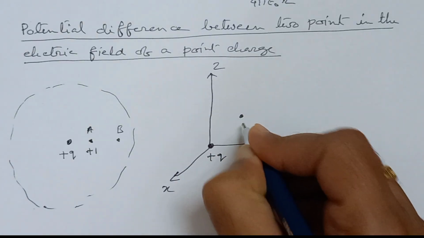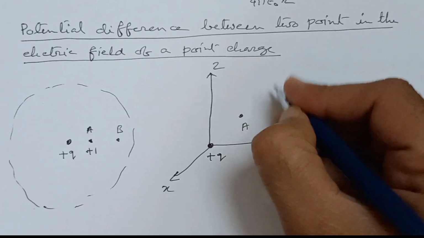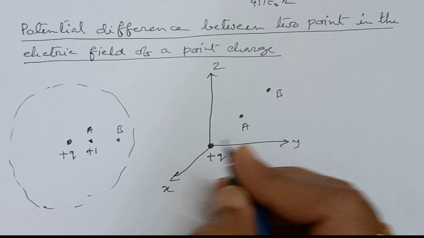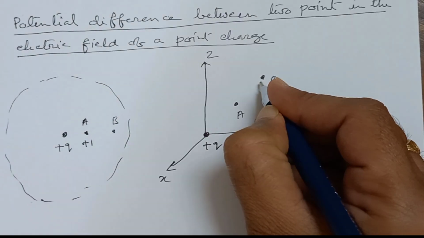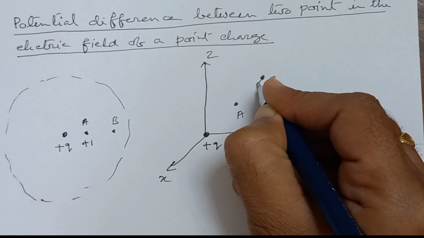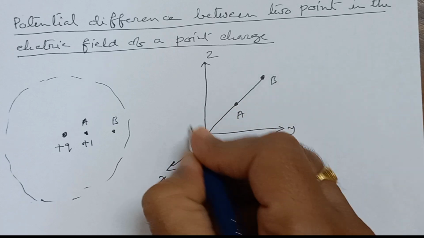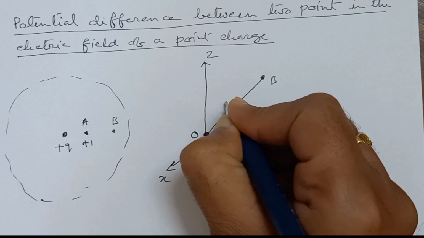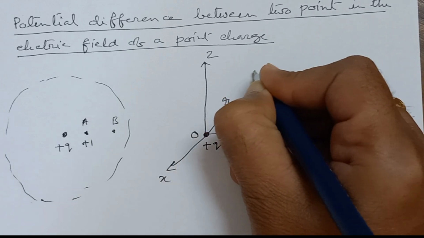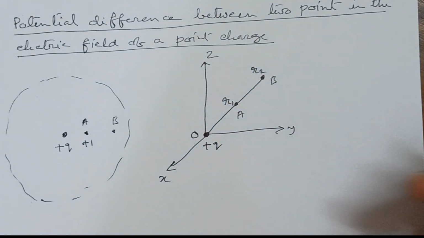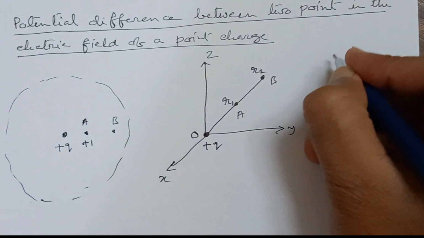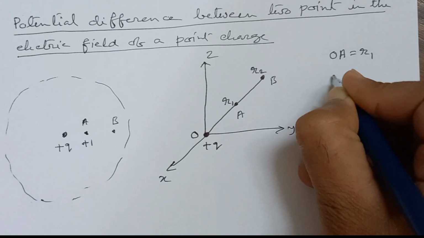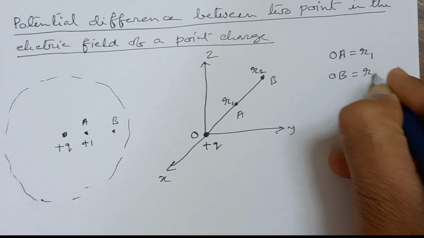Suppose the point A is here and the point B is situated here. You can write, this is the origin, the coordinate of point A is R1 and this is R2, and OA is equal to R1 and OB is equal to R2.